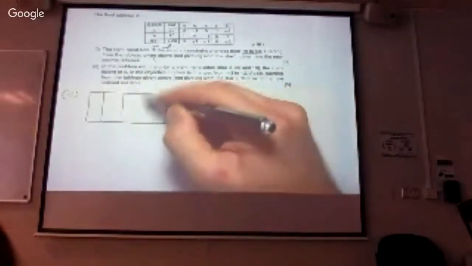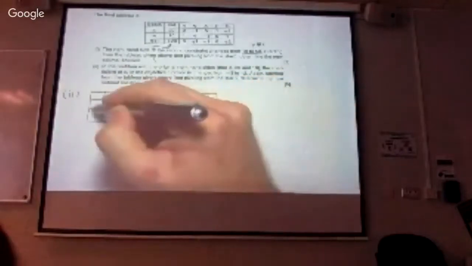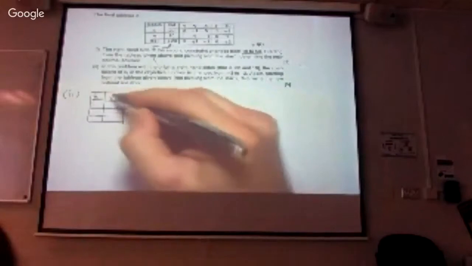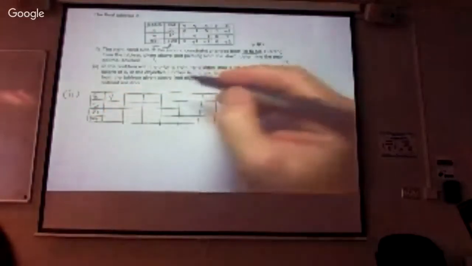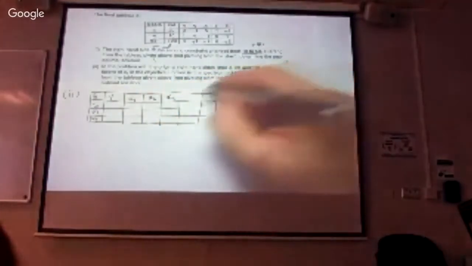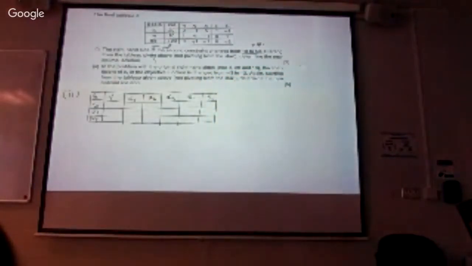So what's going to change here? The objective row only. Why is that? Because it's only the objective row that has the C.